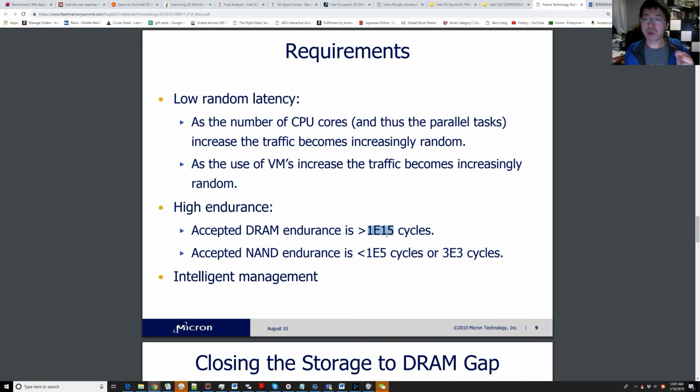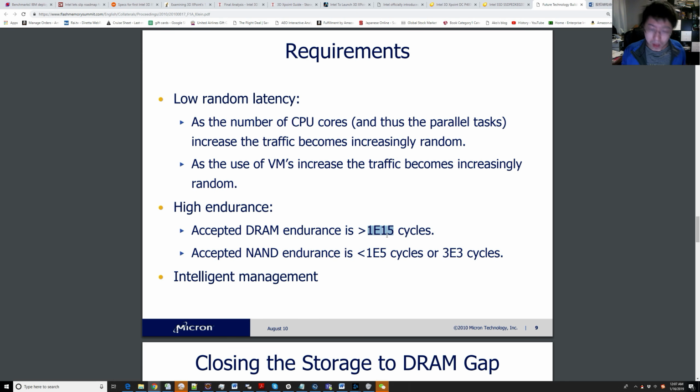Each cell can be written to... 9 is a billion, 12 is a trillion, and 15 is like a quadrillion or whatever. It's some ridiculous number that I can't even imagine. But okay, so a DRAM basically never breaks.